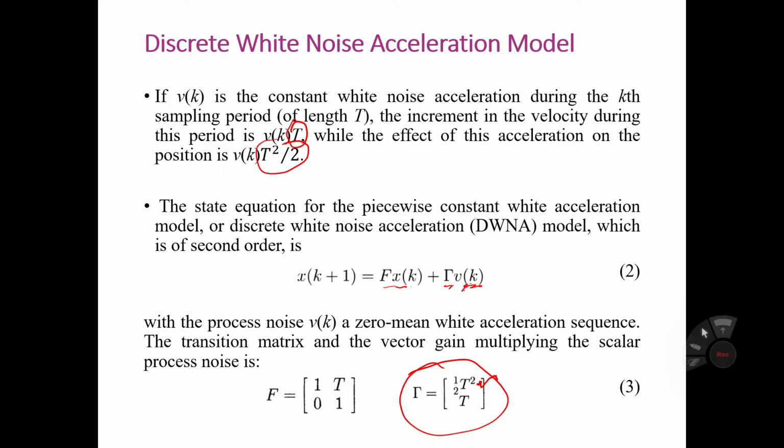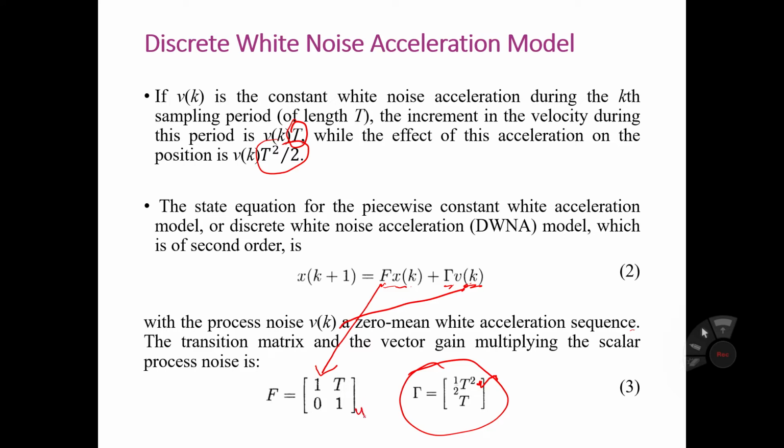Where v of k is the process noise, a zero mean white acceleration sequence, and the matrix F is like this. We have already known that the matrix is 4 by 4.